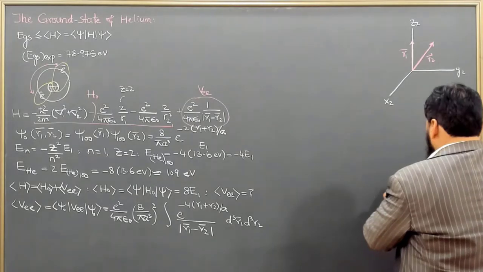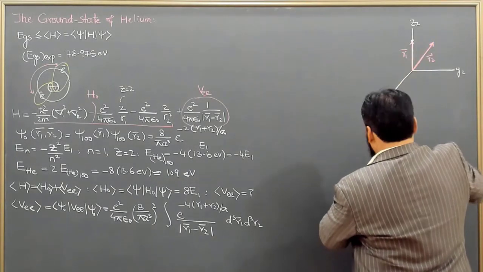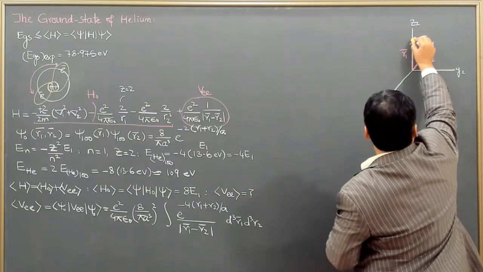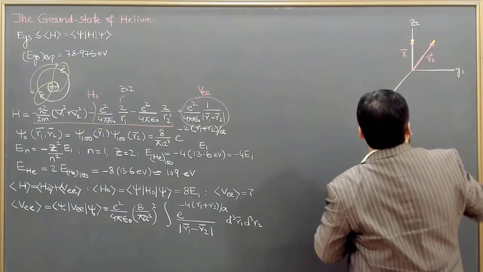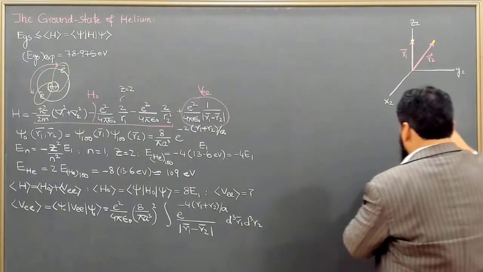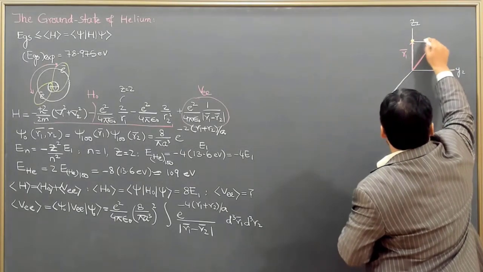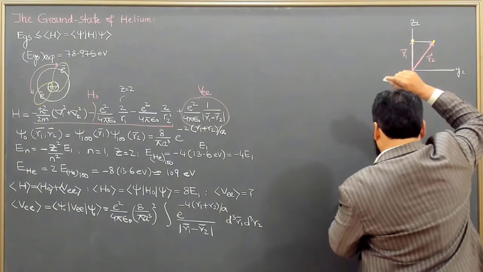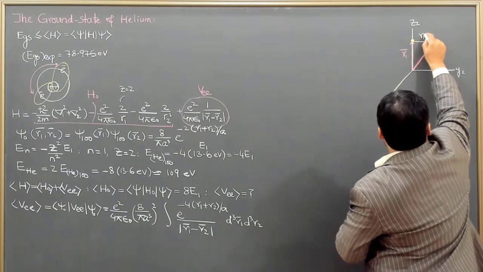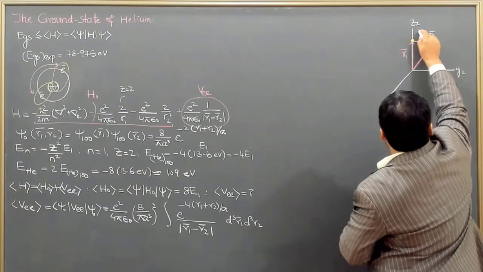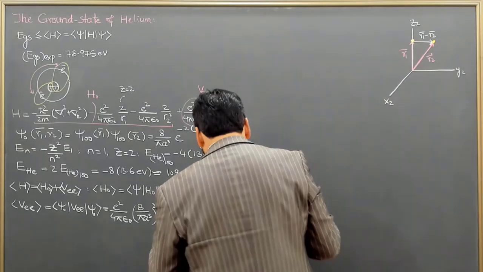Because this is one electron that we have, and this is another electron, these are the coordinates of the electrons, and then the distance from here to here is r1 minus r2, from simple vector addition.